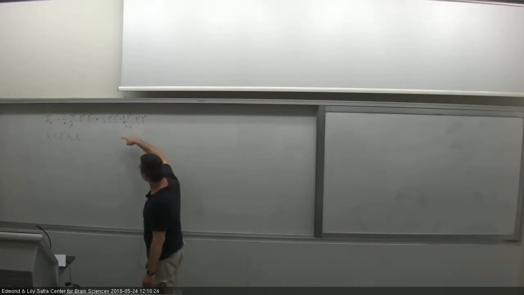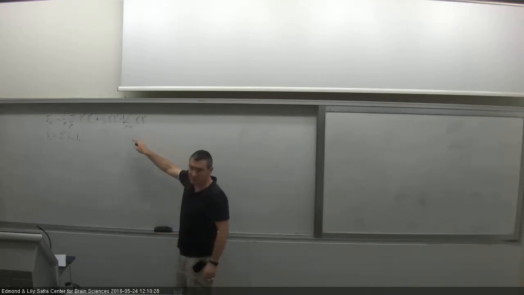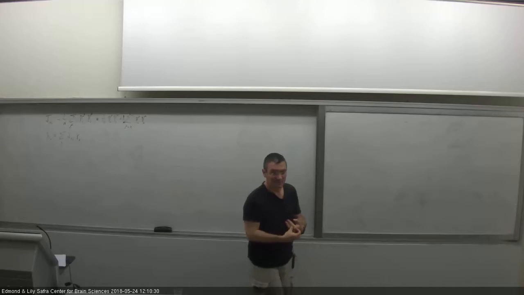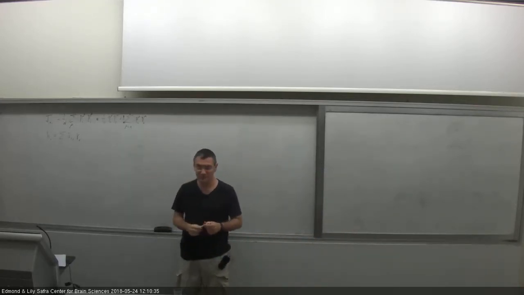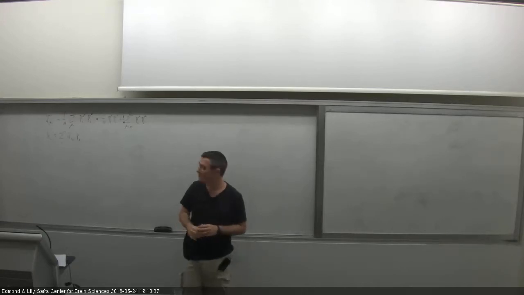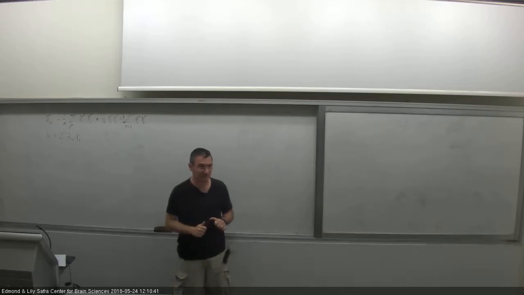So in order to solve it, what we need is that the contribution of this term will have a zero mean. So how can we change the plasticity rule such that this term will have a zero mean?